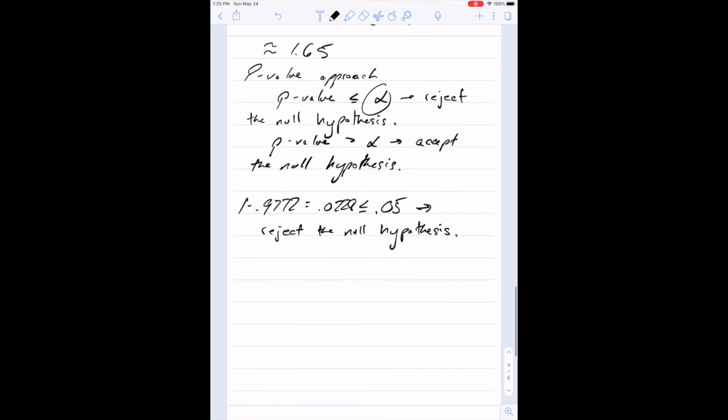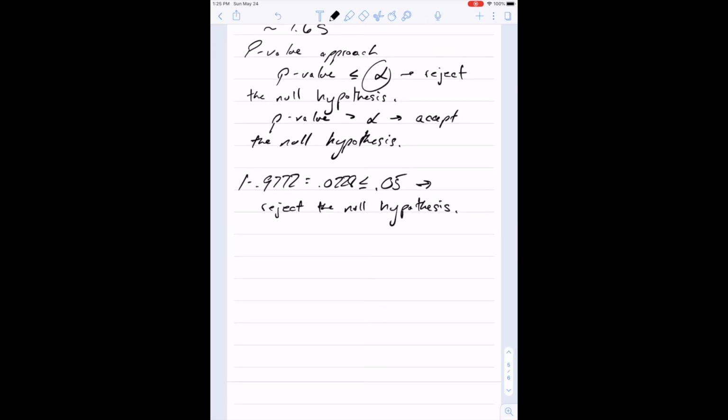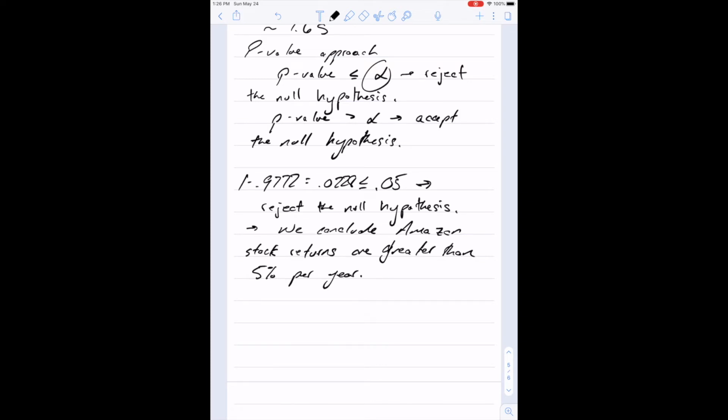Okay? So that's the only difference between the p-value approach and the critical value approach. And now when I say, okay, what does this mean in our research question? This means that we conclude Amazon stock returns are greater than 5% per year, right? So that's what our conclusion statement could be.